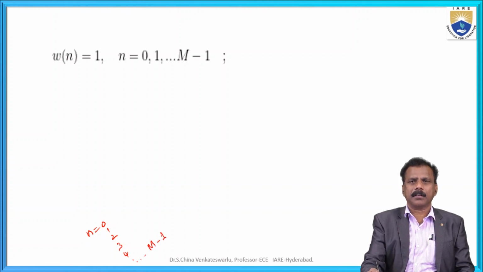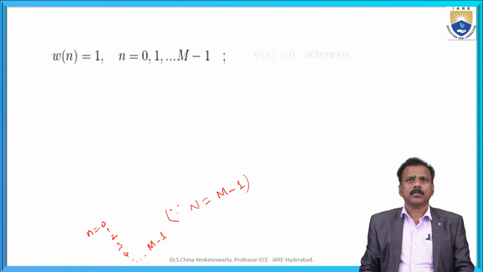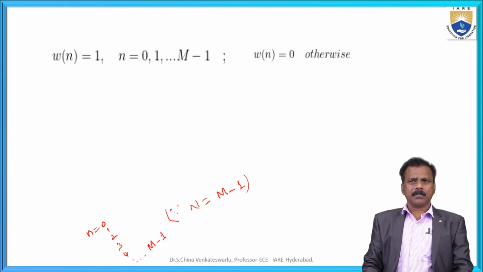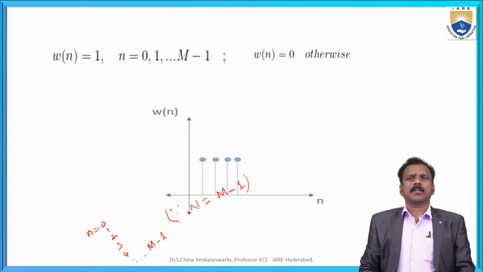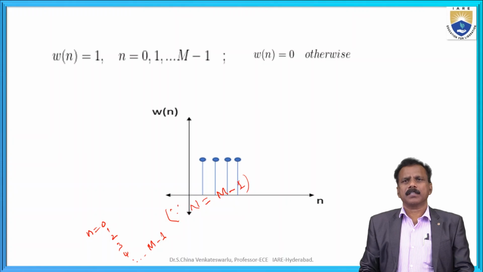We know that here capital N is equal to the order of the filter, which is M minus 1. Here w of n is equal to 0 otherwise, where n versus w of n, as n increases, is how it is reflected.